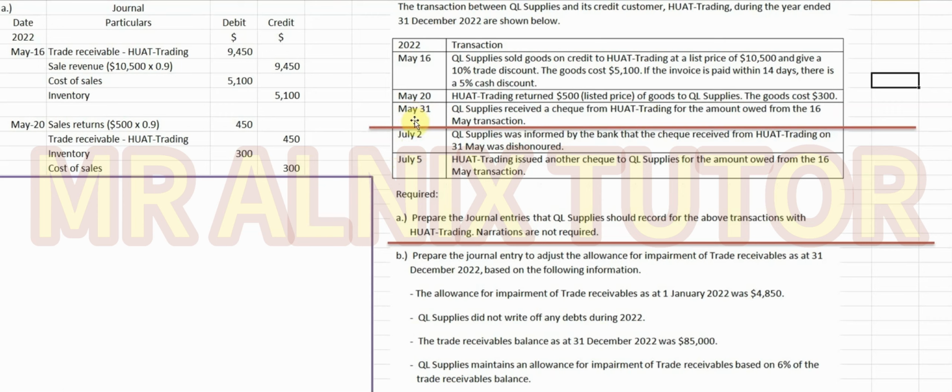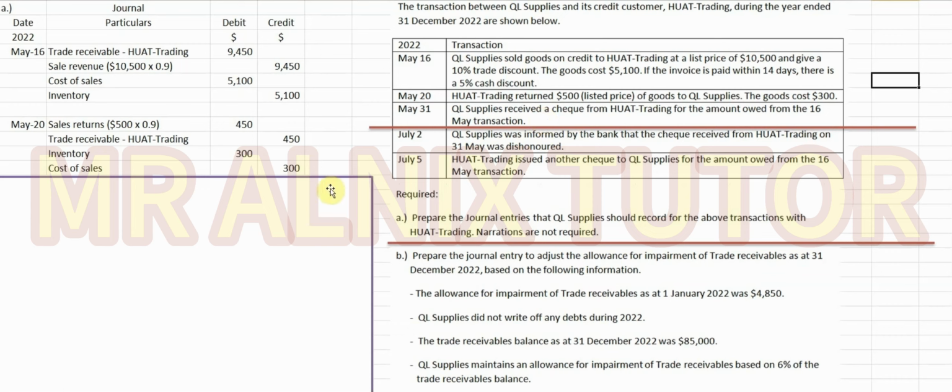31st of May, QL Supplies received a cheque from What Trading for the amount owed from the 16th of May transaction. That means What Trading has made you a payment by cheque, which is from the 16th of May. So first in mind, how much will What Trading give you?